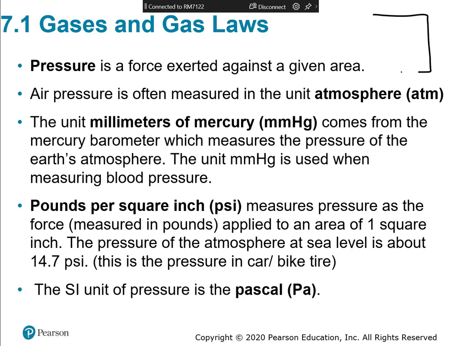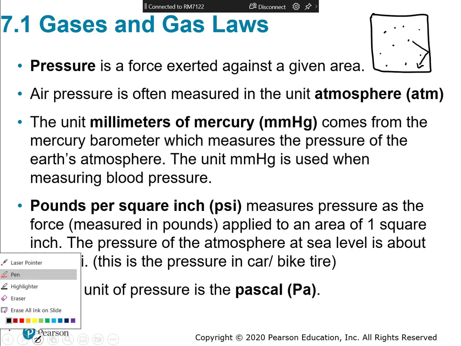So if you have a container and it has gas molecules in it, those gas molecules are in constant motion and they bounce against the wall. They hit the wall, bounce off, hit the wall, bounce off. And how much they're hitting those walls, that's pressure. So it is the force on the walls of a container.